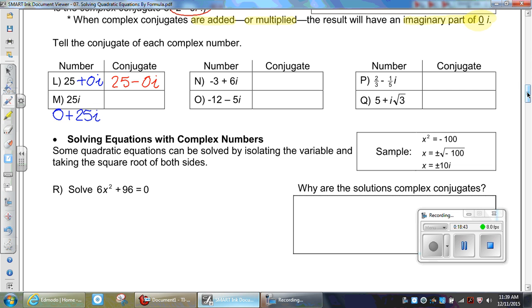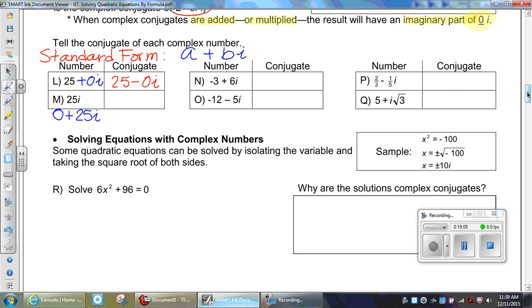Yes, why is the 0i written on the right and not on the left? Because the standard form of a complex number is always going to be like that. The real part first, and then the imaginary.